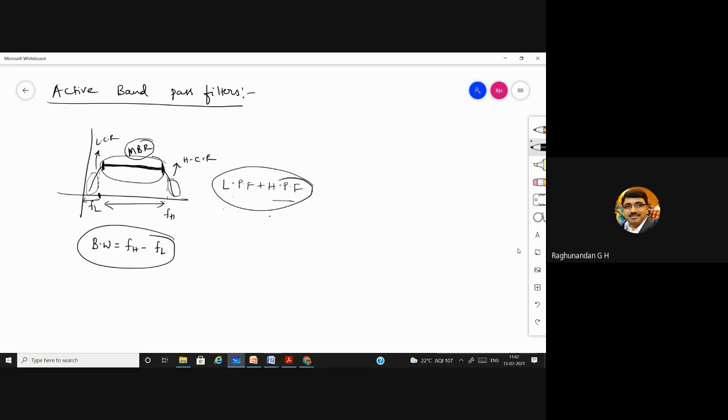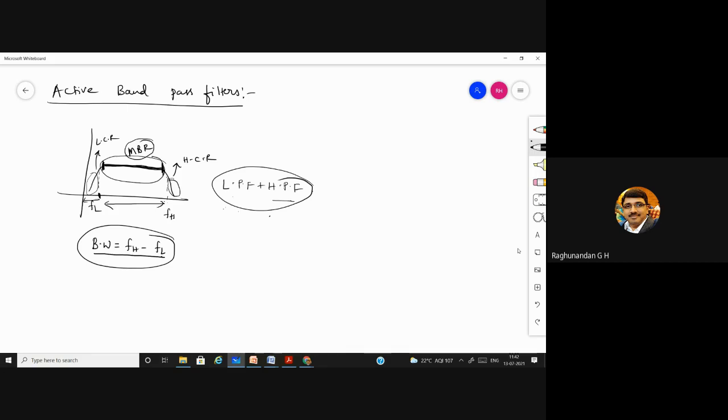So bandwidth is the range of frequencies over which the gain will be maximum. When gain is maximum, automatically the quality of the signal will be good and it is going to reach the destination without any attenuation. Even the bandwidth formula is given by this only.